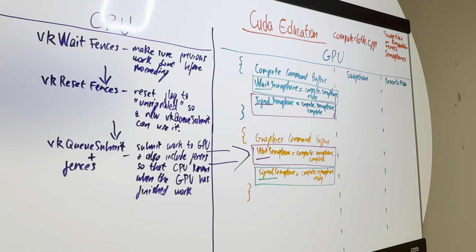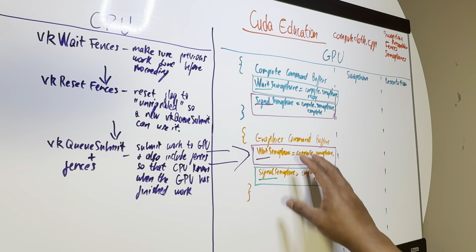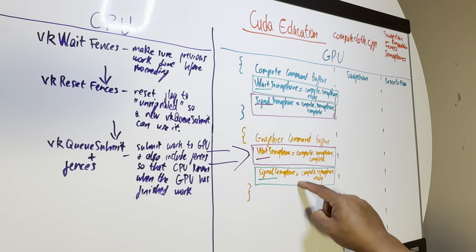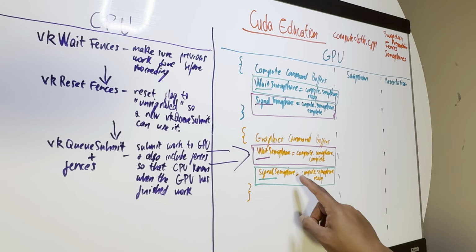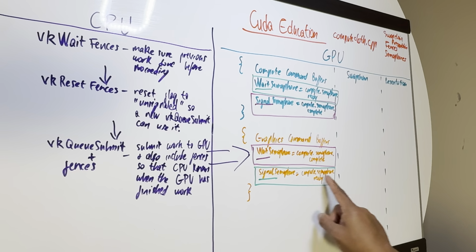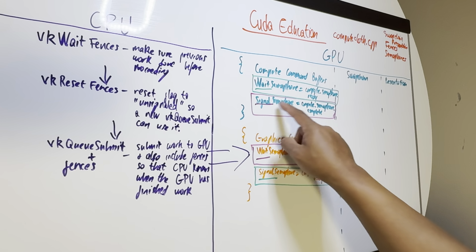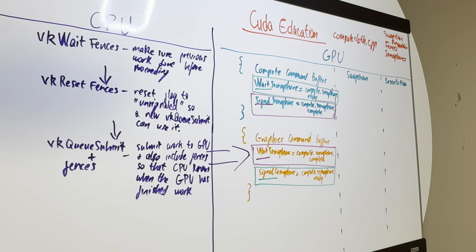The world can proceed with whatever it wants to do. As you can see, as you go through the line of logic, compute is waiting for graphics' signal, and graphics is waiting for compute's signal, right? So that's synchronization in a nutshell on the GPU side.